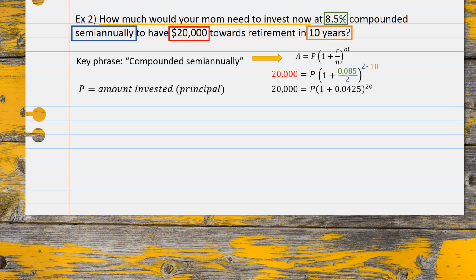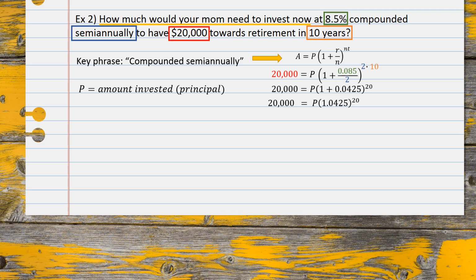Hopefully you found the result to be 0.0425. And also the exponents 2 times 10 can now be written as 20. Again, look in the parentheses. We have a 1 plus this decimal value, which can be combined. So now we have 20,000 equals P, parentheses 1.0425 raised to the 20th power.